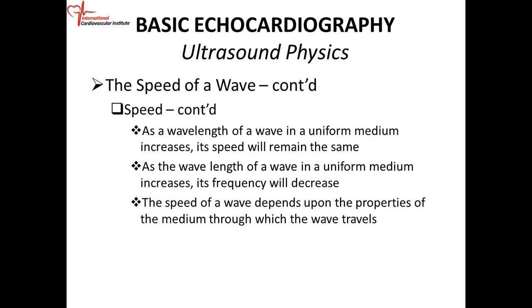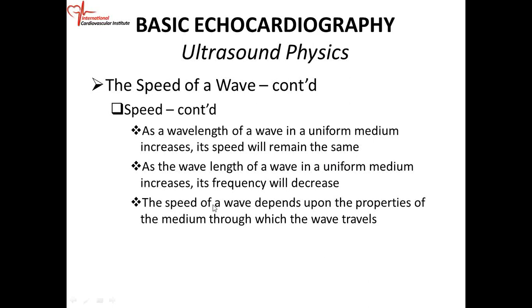If the frequency increases, the wavelength is going to decrease. It does that to keep the speed fixed, because the speed of a wave in any medium is a fixed number. We say that the speed of sound in soft tissue is 1540 meters per second. That's a number everybody needs to know. It's not going to change, and that's because if you increase the frequency, the wavelength has to decrease.